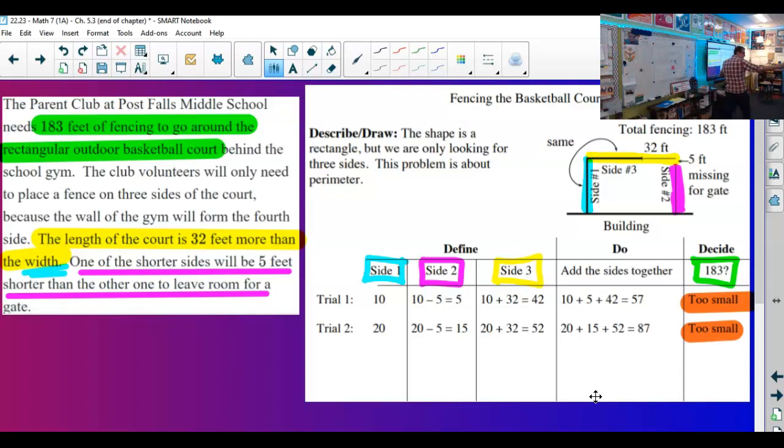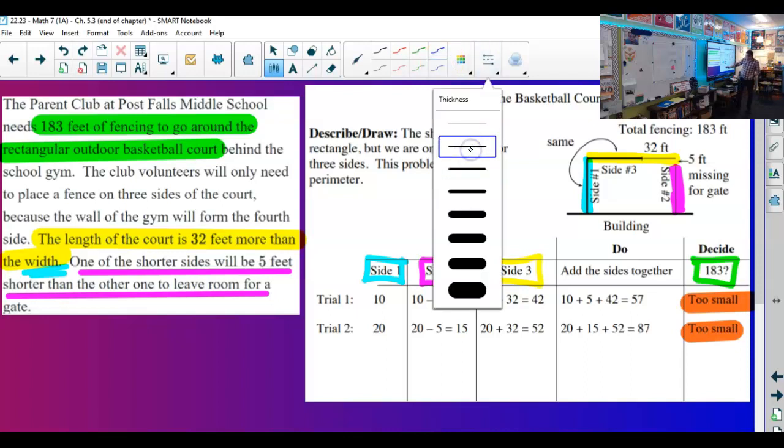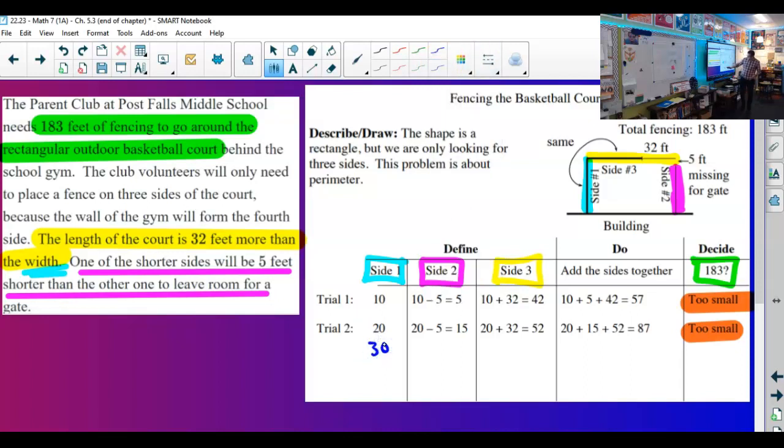Donovan, you want to tell me what number you tried next? We tried 30. Sure, it's okay if it didn't work, I just want to know what you tried. So 30 minus 5 got us 25, and 30 plus 32 is 62.